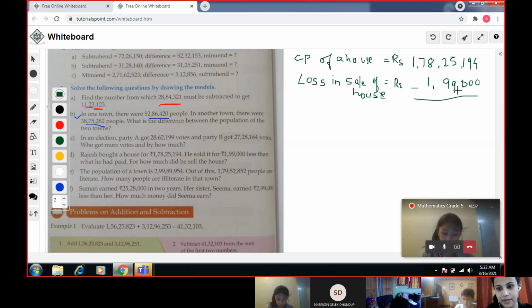So just subtract it. 4 minus 0 is 4. 9 minus 0 is 9. 1 minus 0 is 1. 5 minus 9, not 5, it will become 15, because 5 is small. So 15 minus 9, 6.